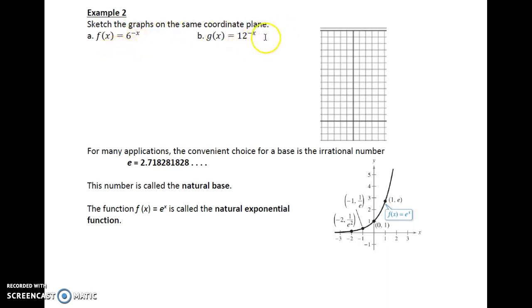Isn't this here considered a transformation? Oh, maybe we should look back at our notes from Unit 1 and see what type of transformation that is. Okay, this will result in a flip across the y-axis.